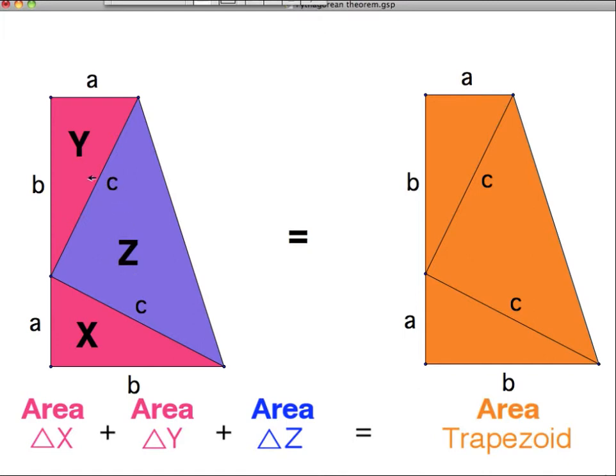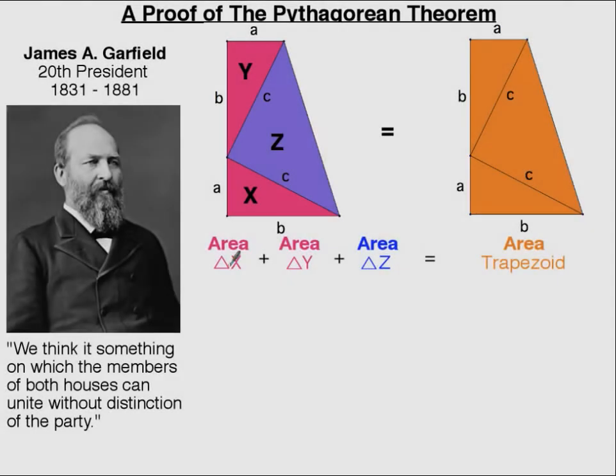He viewed the area as a trapezoid. You can see that if we take away these individual triangles, X, Y, and Z, we have a trapezoid with bases B and A, and height equal to B plus A. His proof follows from this equation.